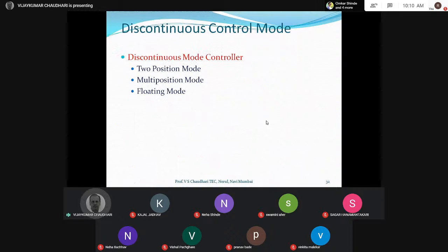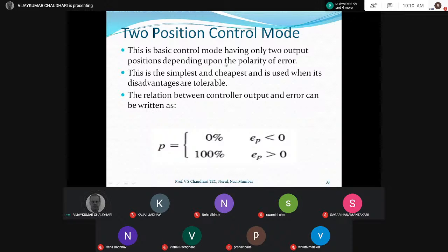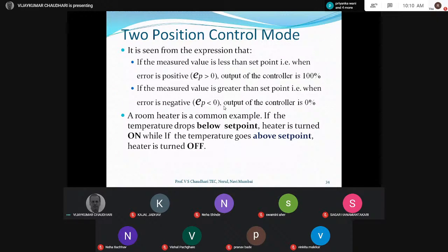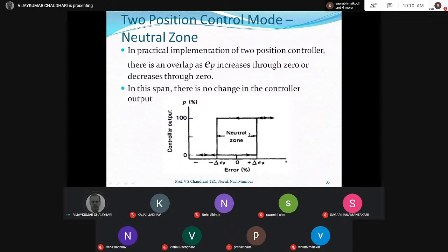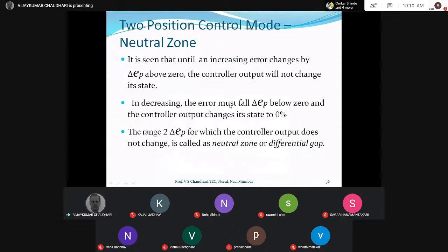So we had already started with discontinuous control mode, I mean two position control, and in the last lecture we discussed two position control, right? Error greater than zero, error less than zero, what happens below the set point and above the set point. It means the neutral zone of the set point, that we discussed.